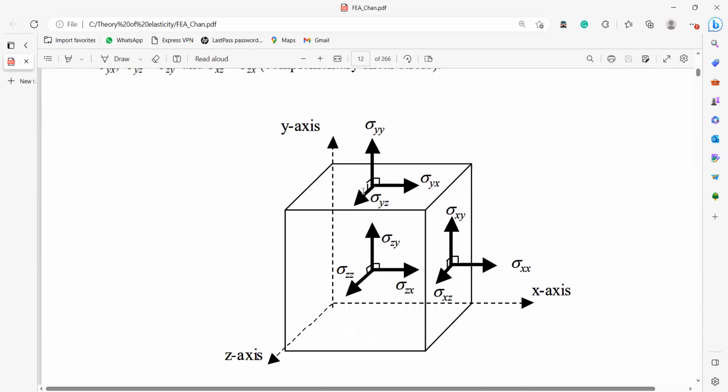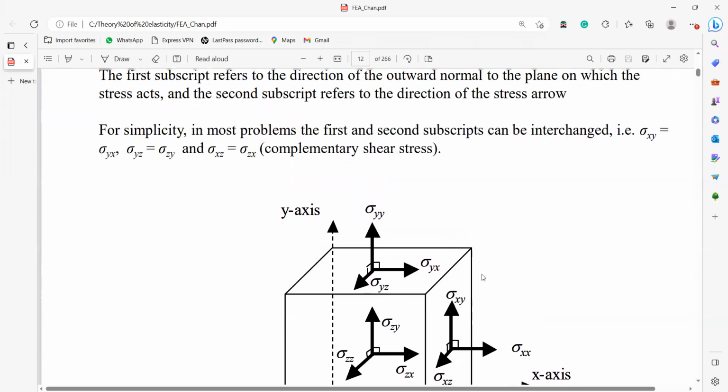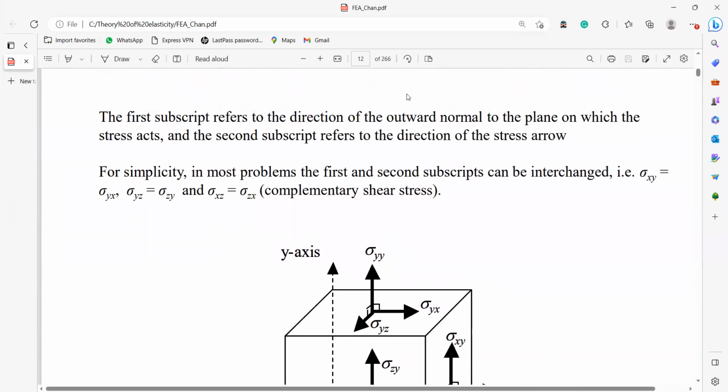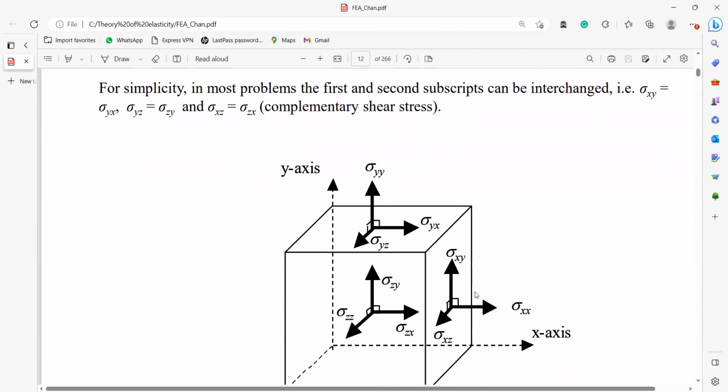Similarly, for the stresses and shear stresses corresponding to this particular face, sigma xx is the normal stress, where the first subscript x refers to the direction of the outward normal to the plane.